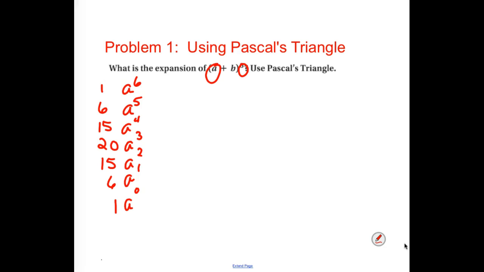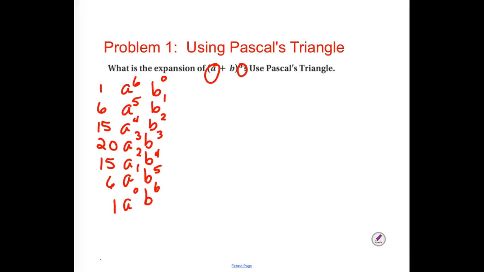The power goes up. So my b is going to start out with a 0, and it's going to go up each time. Now, what you're going to do with each of these pieces is multiply them together.